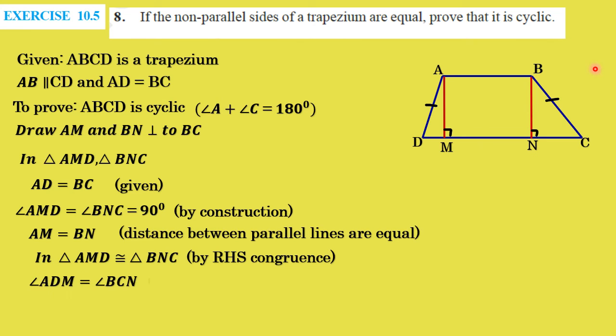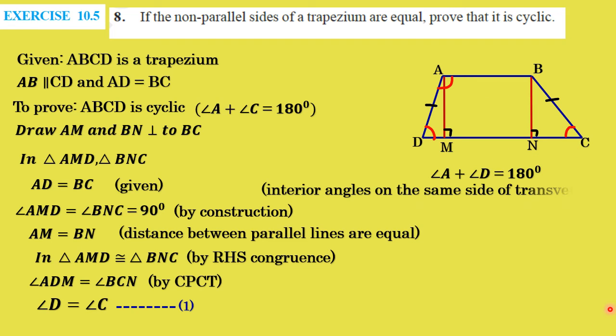Okay. So we can say angle ADM is equal to angle BCN, corresponding parts of congruent triangles. That means angle D equal to angle C. Equation 1. Now it is a trapezium, and AB and CD are parallel. So I can say angle A plus angle D is equal to 180. Why?